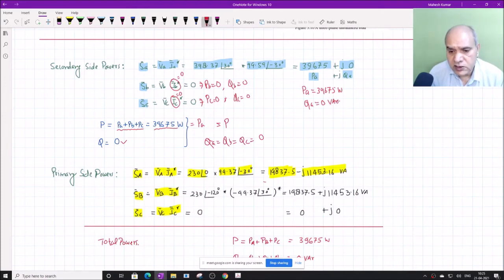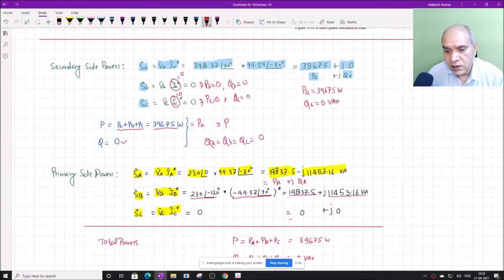You can write this as PA capital A plus j QA capital. And SB bar will be VB into IB conjugate, 230 angle of minus 120 into minus 99.37, this was the minus IA, conjugate of this equal to 19,837.5 plus j 11,453.16.